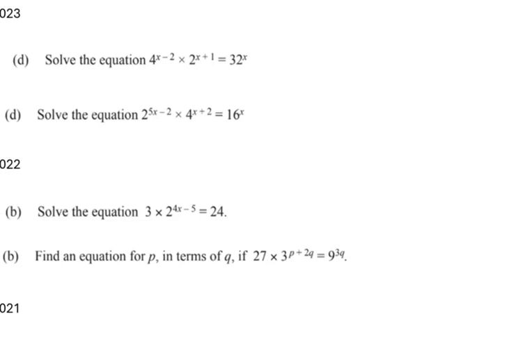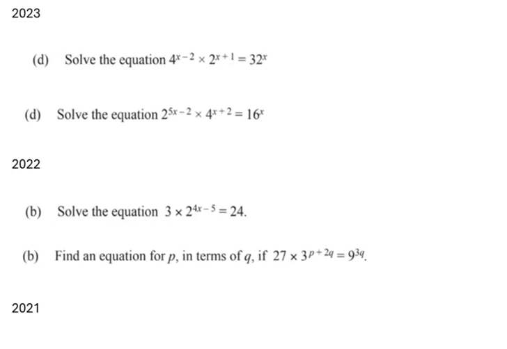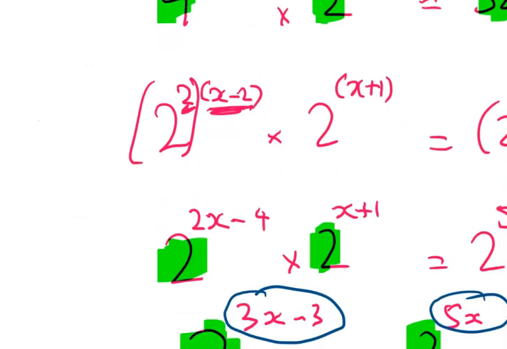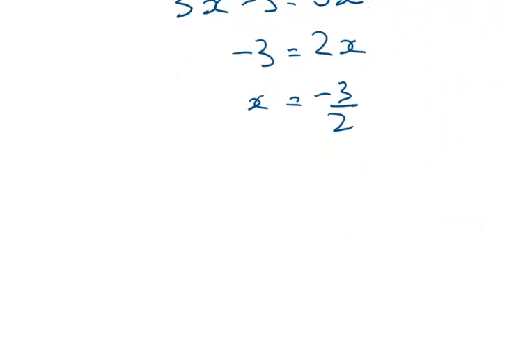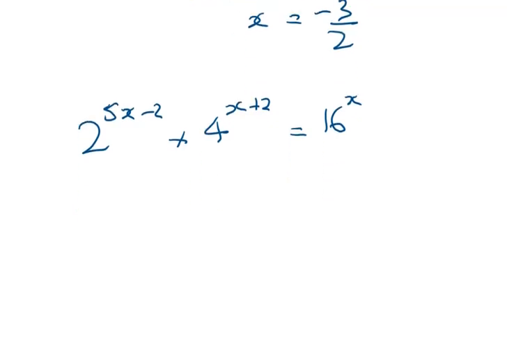Right, the next one is very similar. I'm going to write it down, and then if you can pause the video and have a go at it, remember that putting brackets around can make it much easier to see what to do next. That is a times sign, not a plus sign.